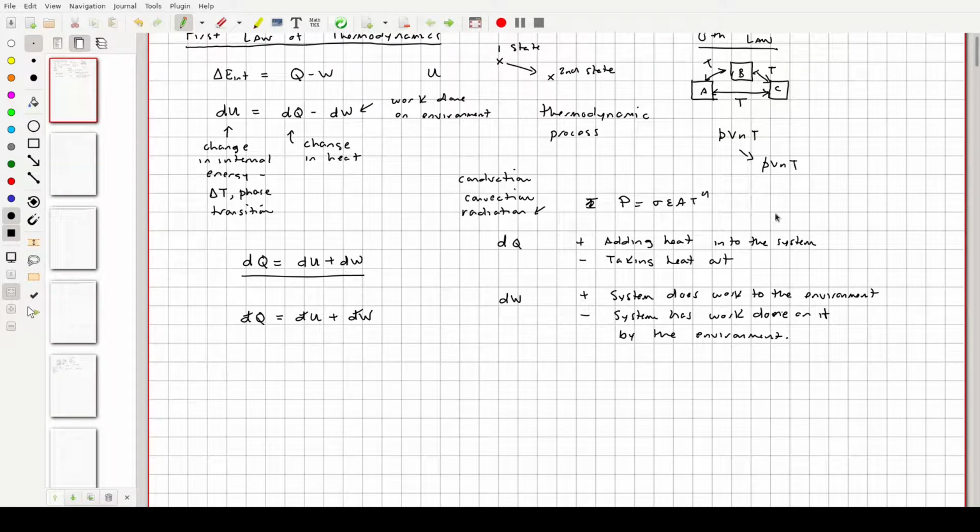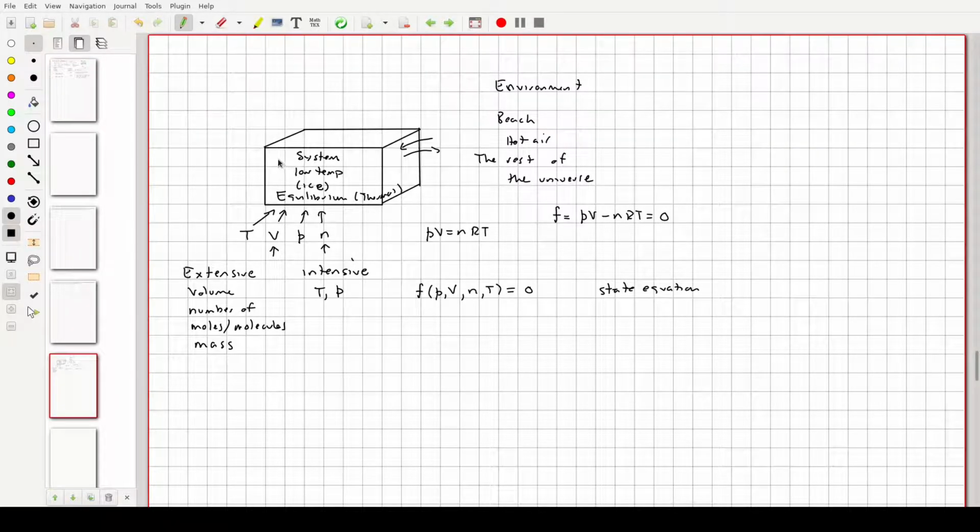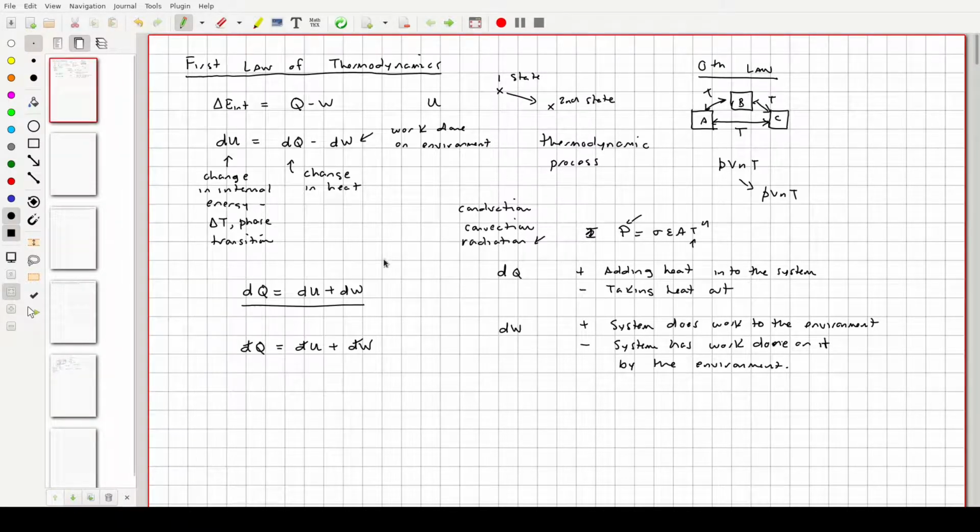So what that means is that if you have something that has a temperature, it's going to radiate energy, which means that even though your system might be sort of isolated like this in an igloo, there is energy being lost to the environment that you can't really do anything about. And what that means is that our differentials here aren't exact because you have this potential for loss.